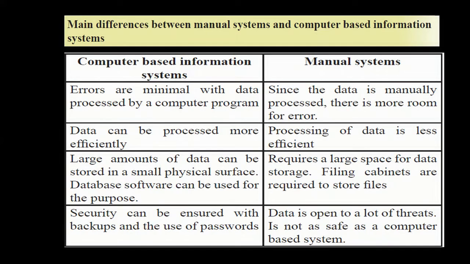So if we contrast the computer-based information system with the manual system, with the computer-based information system, the error checking is there. So the errors are minimal. But with the manual system, yes, there is a considerable room for the error, right? Actually, the errors cannot be resolved at that time because there is no system for that.